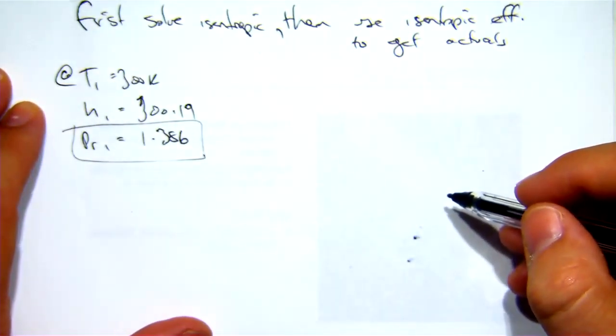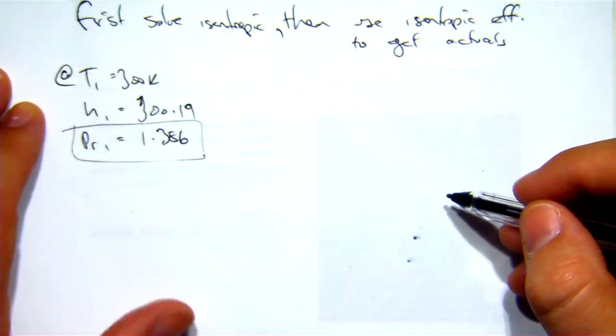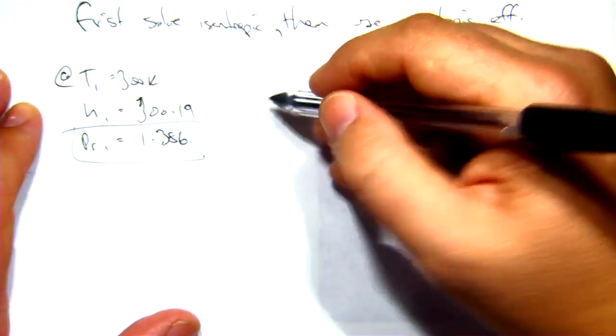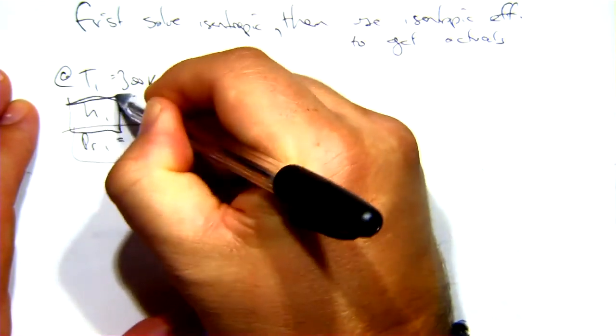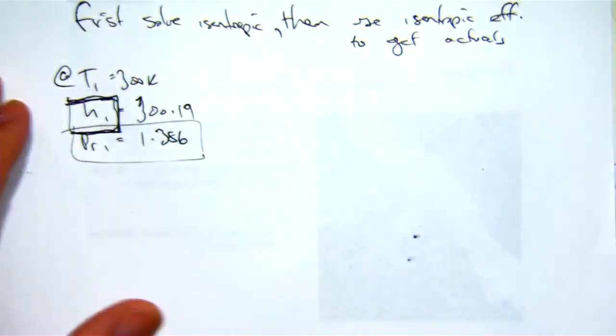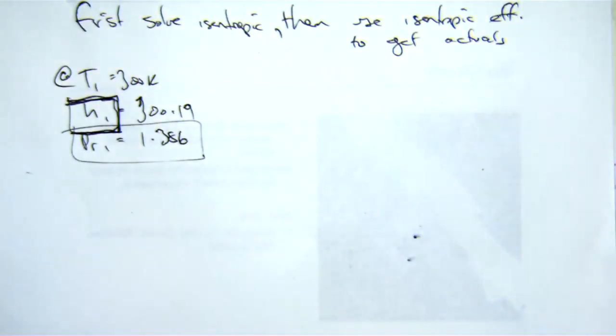This is the thing that I'm going to use to jump around. I've been told the pressure ratio is 8. So, I want to get to 2. By getting this guy, I'm done. I'm finished with point 1. That's kind of neat. I haven't had to do any maths, and I've already finished with point 1.